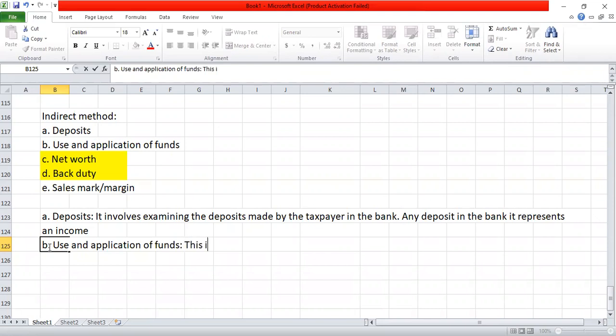So this involves comparing the cash receipts and the cash payments.